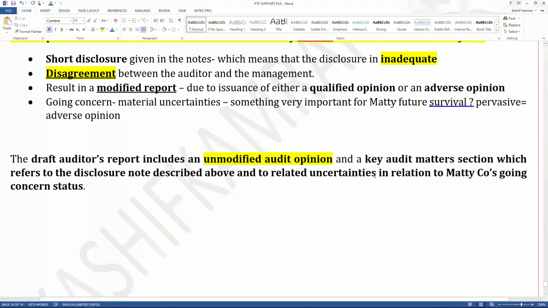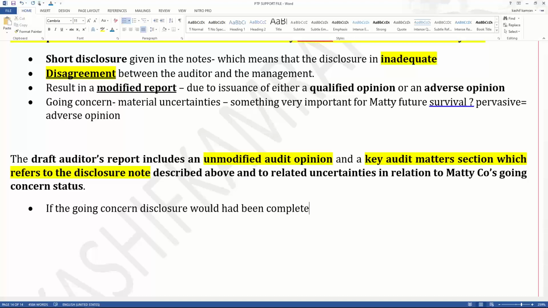And we have also included a key audit matter section which refers to the disclosure note. Do we refer to the disclosure of a going concern in CAM? Understand. If the going concern disclosure had been complete and adequate, and the auditor agreed to it, just imagine for a minute, then what would have happened?